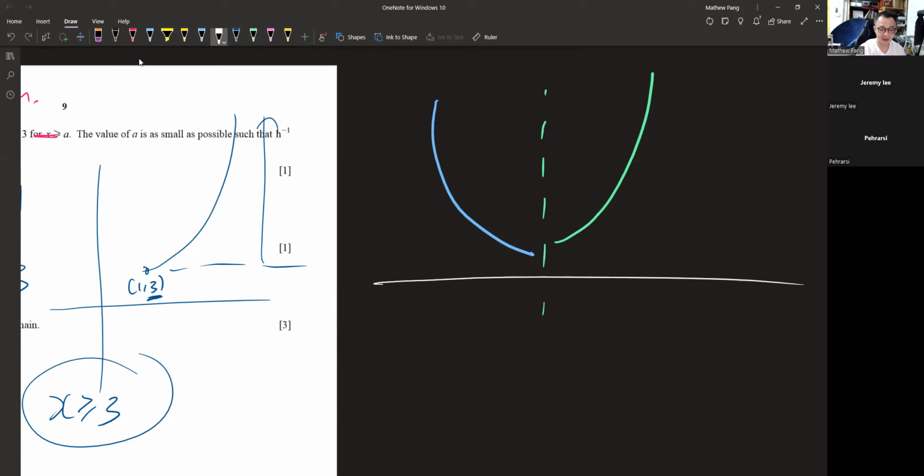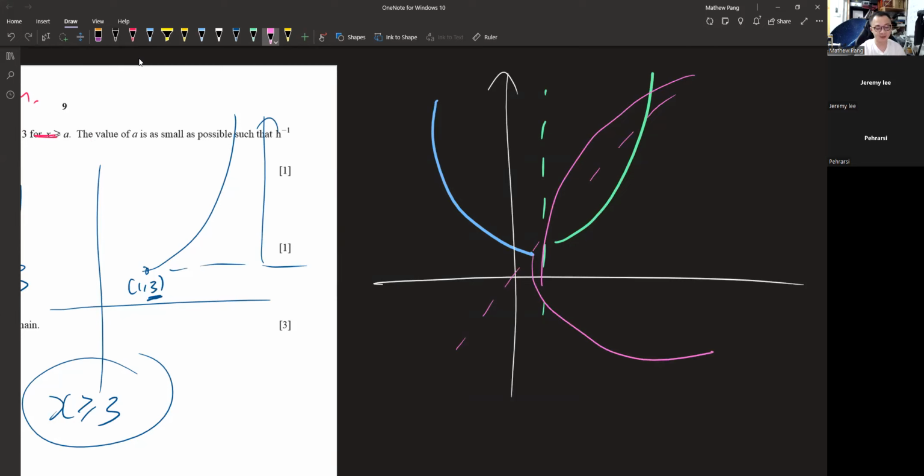If you have a line like this, this one is reflected like this, and this one also would be reflected like this. This is the reason why. This one is the positive square root, and this one would be the negative square root. So yeah, that's why you don't have the plus minus.